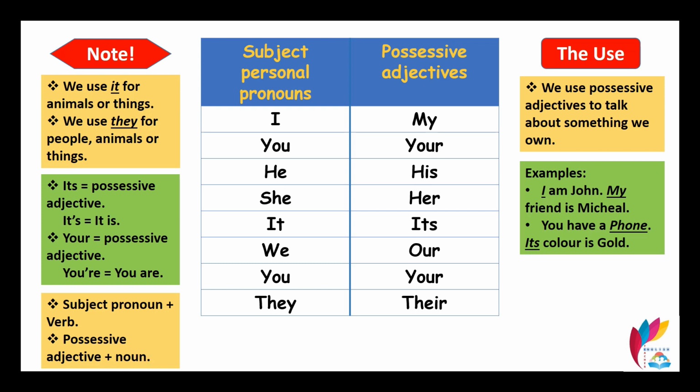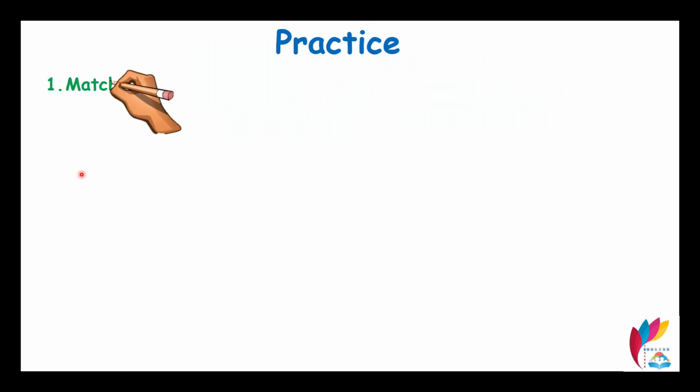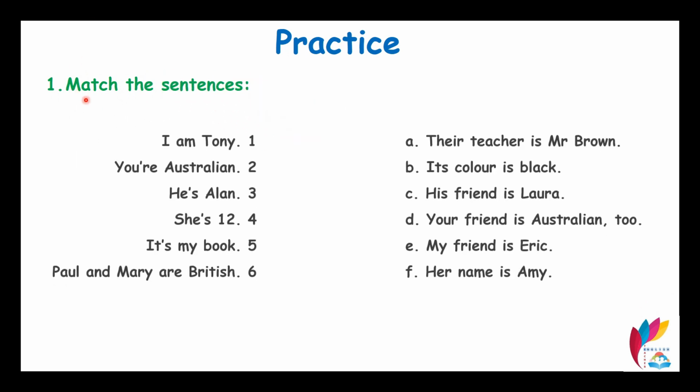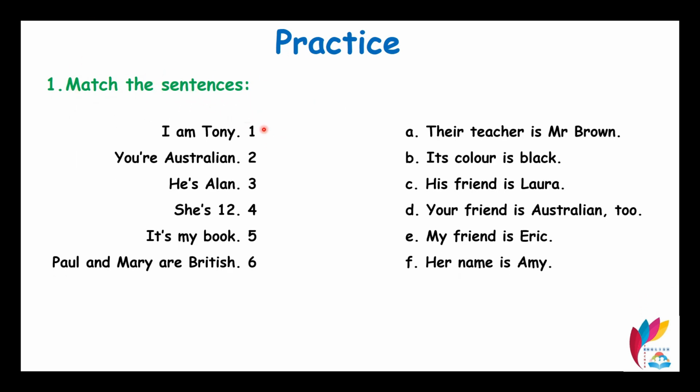Now let's move to do some exercises for practice. The first exercise is about matching the sentences. We have here 6 sentences: I am Tony, you are Australian, he is Alan, she is 12, it's my book, Paul and Mary are British.